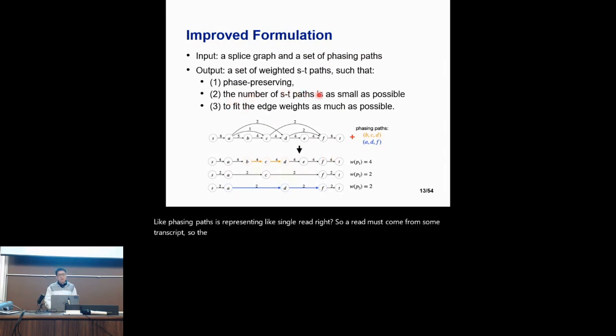The second objective is to use as small a number of ST paths as possible, again following the parsimony assumption. The third is that we hope those ST paths collectively fit the given splice graph as much as we can, and this is equivalent to maximizing likelihood.